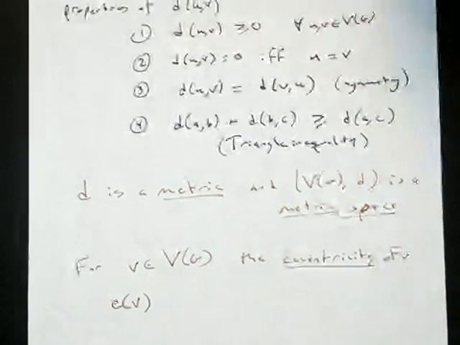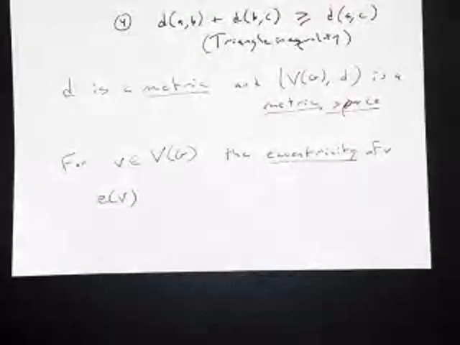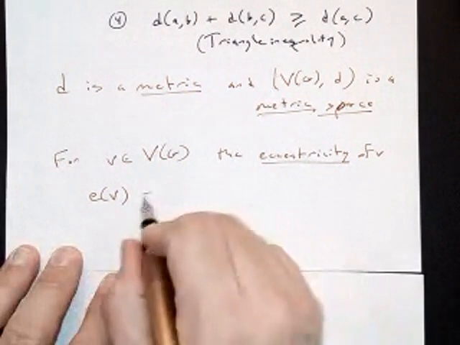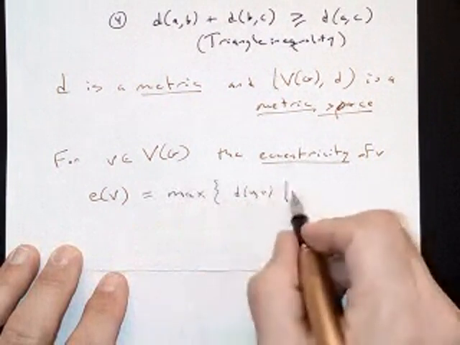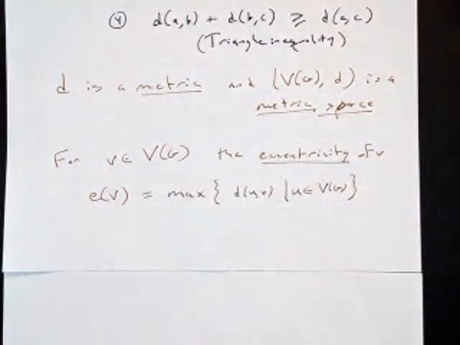I'm going to define the eccentricity of a vertex. For any vertex V in my vertex set, E of V, the eccentricity of the vertex V, is the distance from V to the furthest thing in G. If I were allowing really infinite graphs, I would talk about the supremum of this set rather than the maximum.